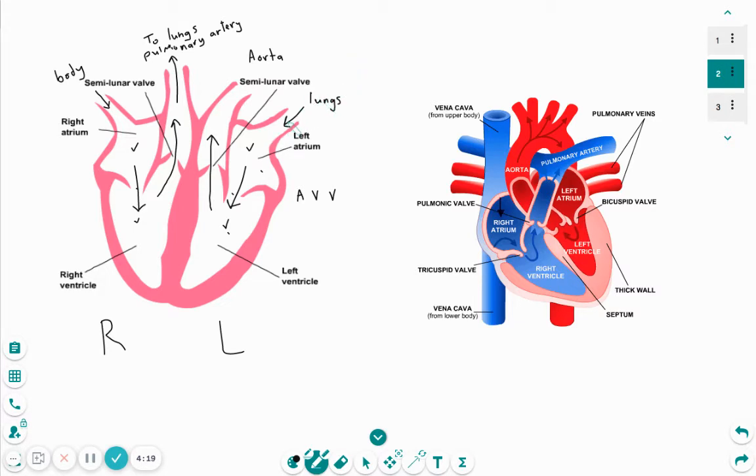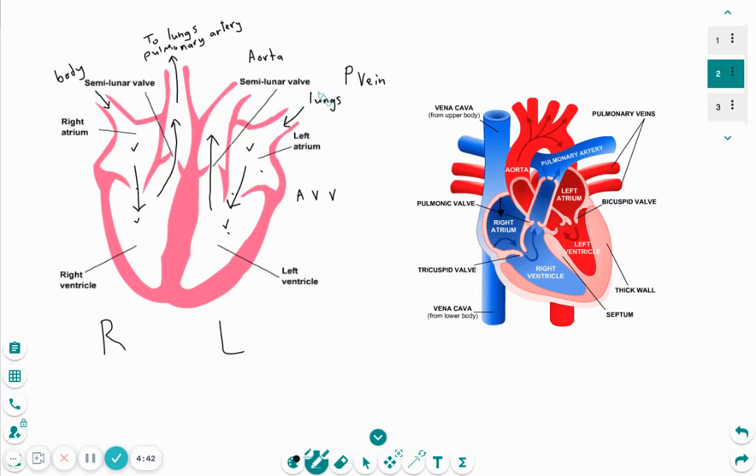So this is the vein that's connected to the lungs, and this is called the pulmonary vein, just like P vein. So the pulmonary artery is sending blood away from the heart to the lungs, and the pulmonary vein is carrying blood to the heart from the lungs.